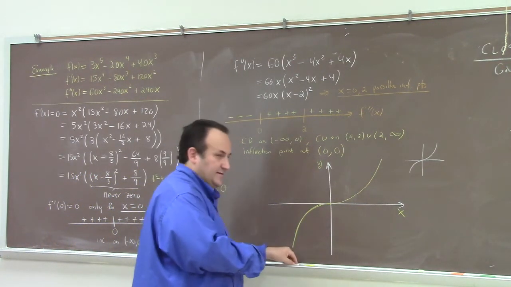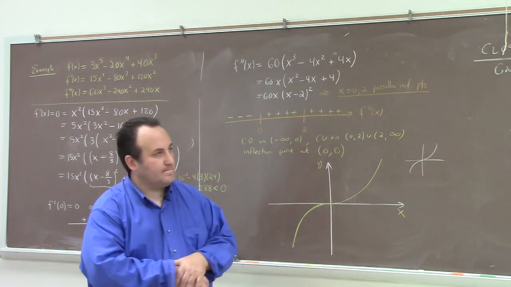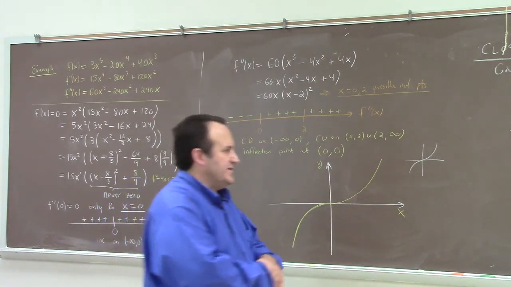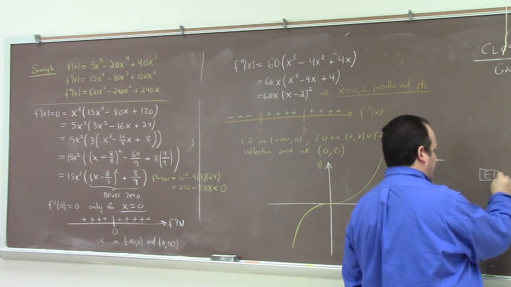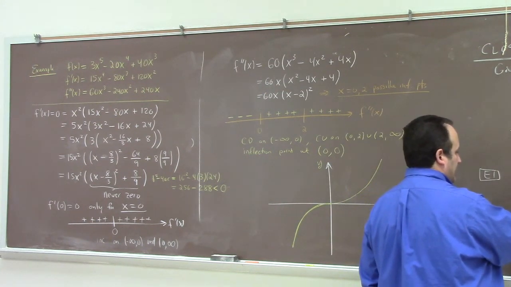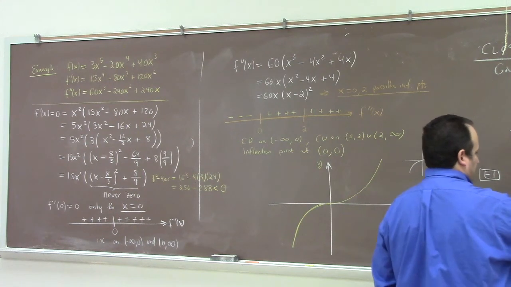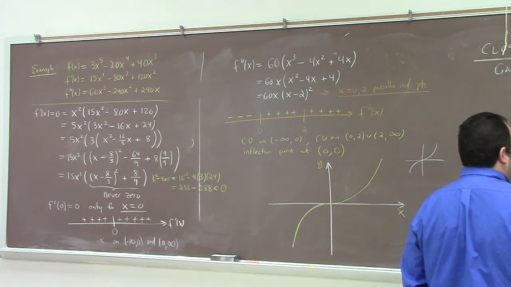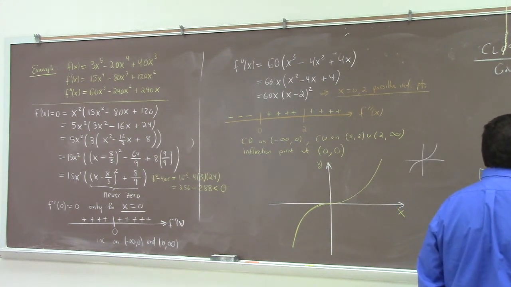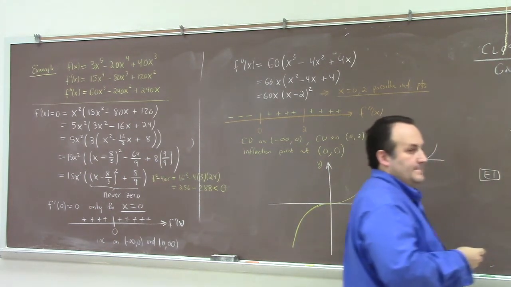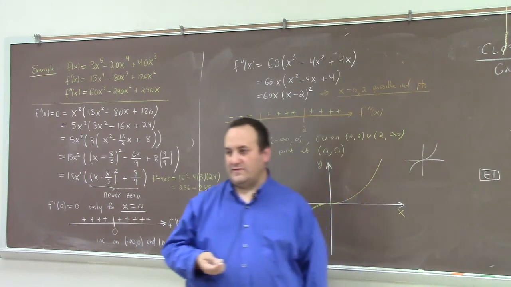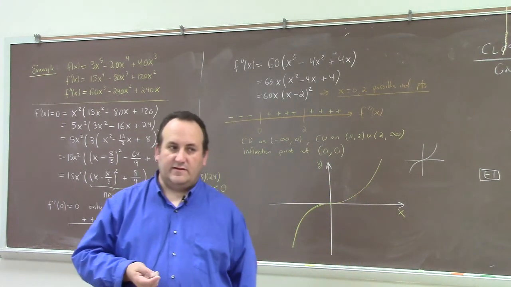I'll give you a second to digest that. Start with a really simple example. f of x equals the absolute value of x on, let's say, minus 3 to 2. Is the absolute value of x continuous?